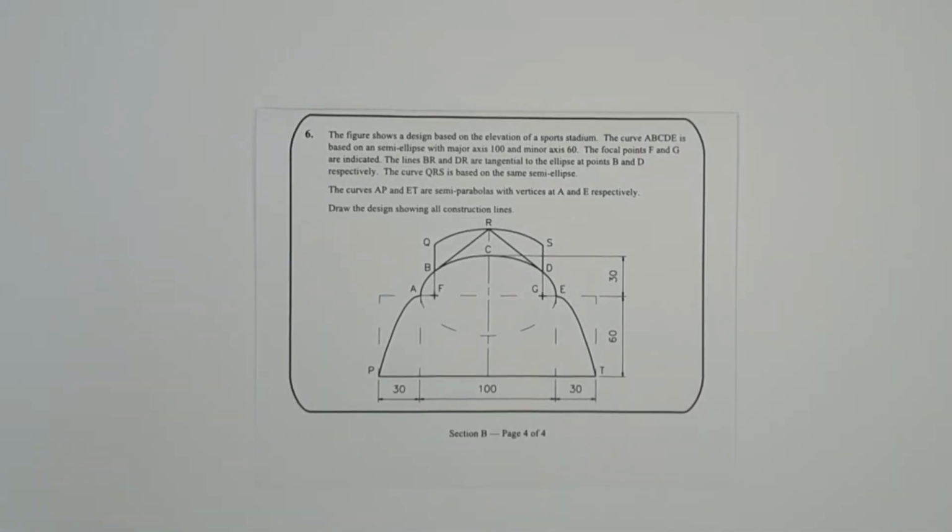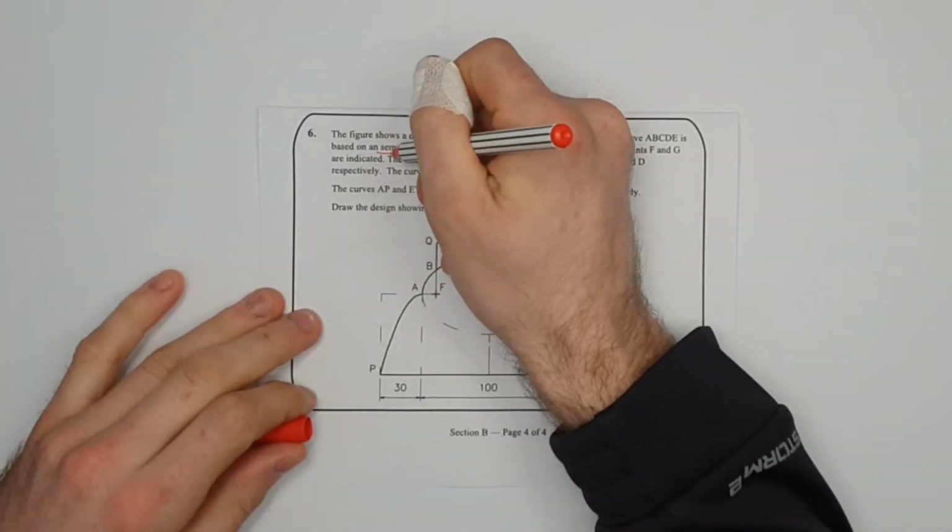Hey guys, the 2003 higher level junior cert question 6. The figure shows a design based on the elevation of a sports stadium. The curve ABCDE is based on a semi-ellipse.